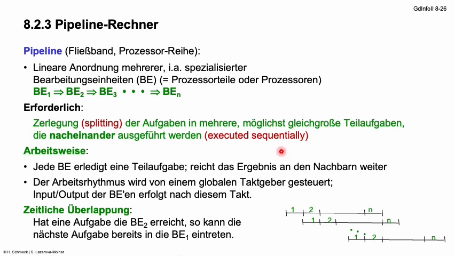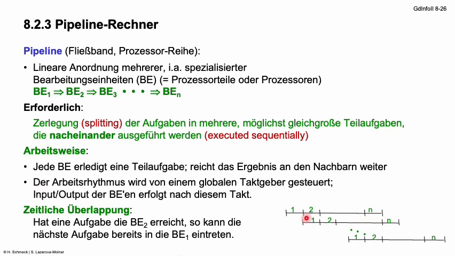Then what we do is every processing unit performs one part of these equally sized partial tasks. So it performs one partial task, and then it hands the result to the next processing unit or processor.